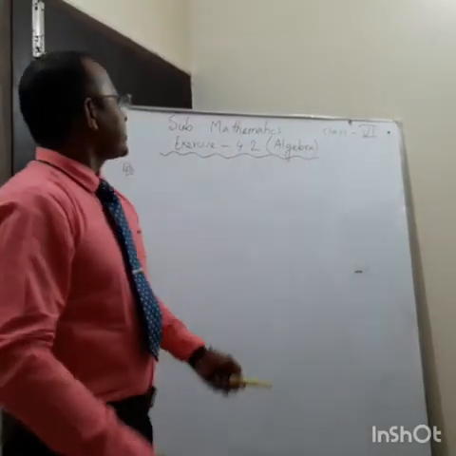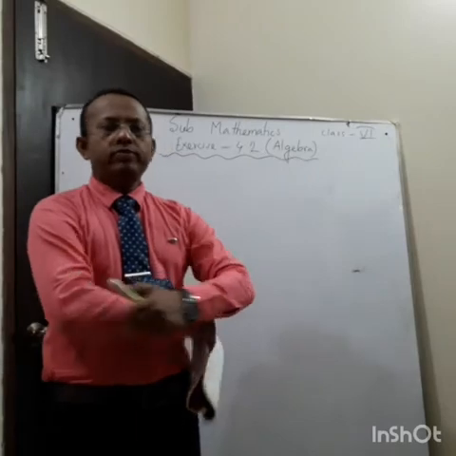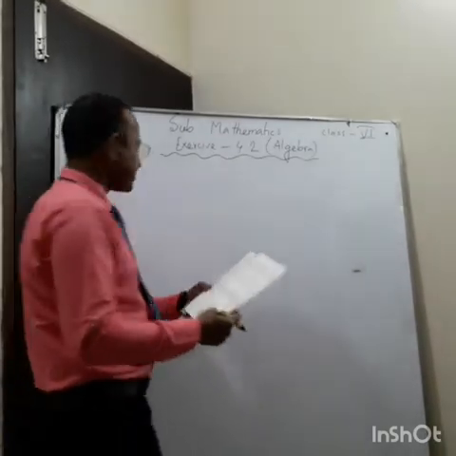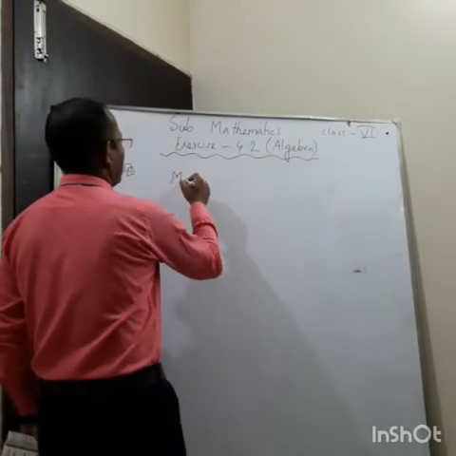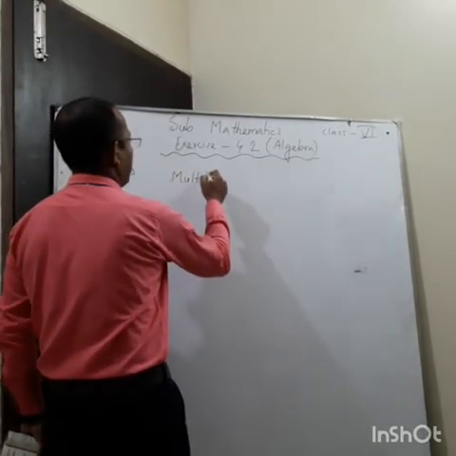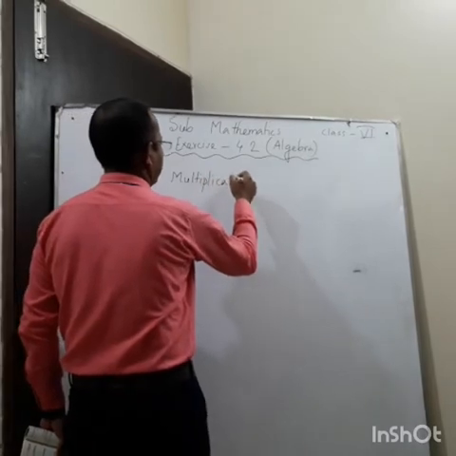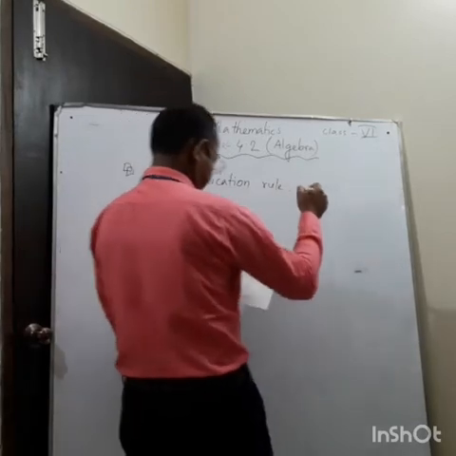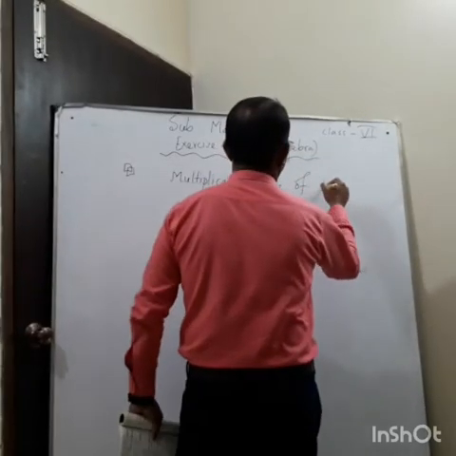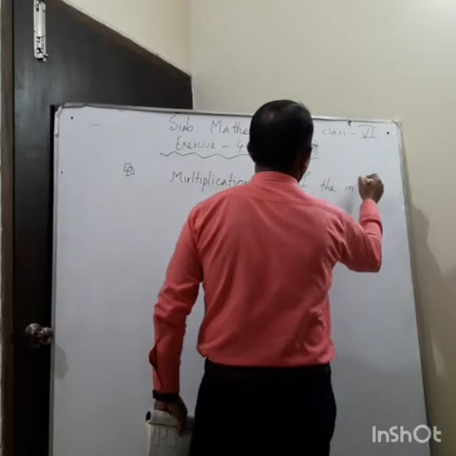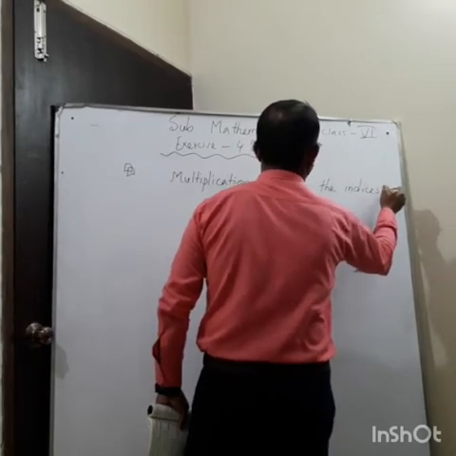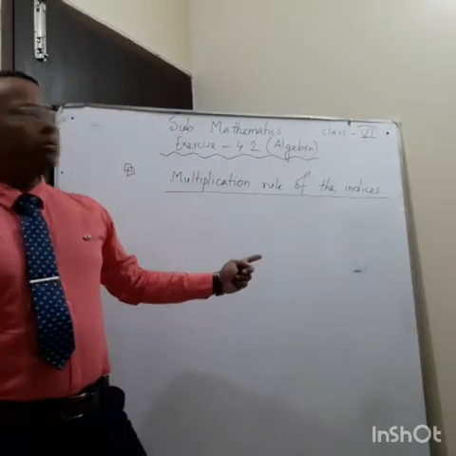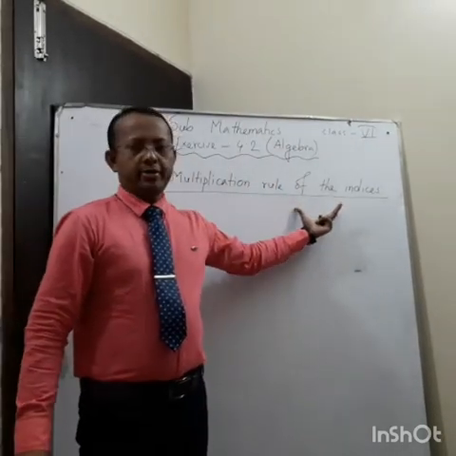Now we are going to discuss 4.2 in the chapter: multiplication rule of the indices.